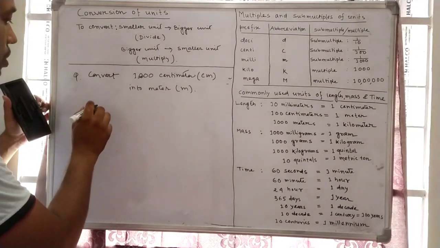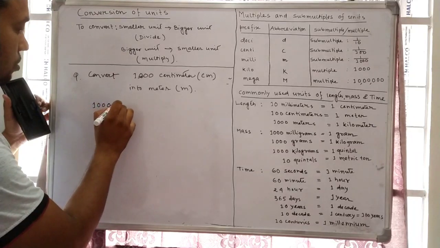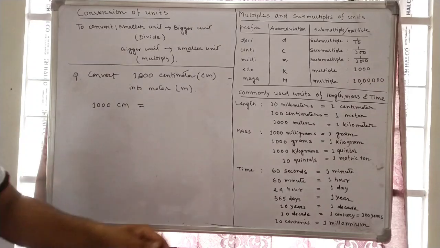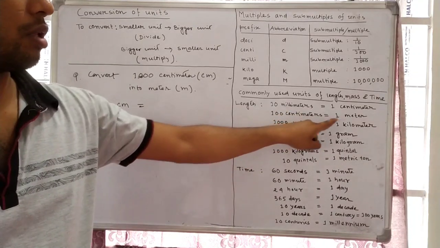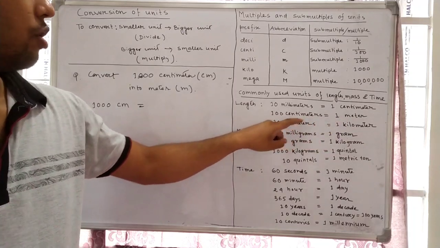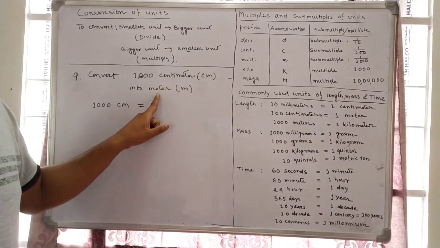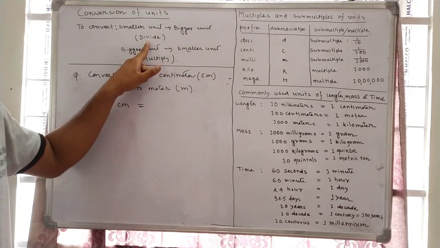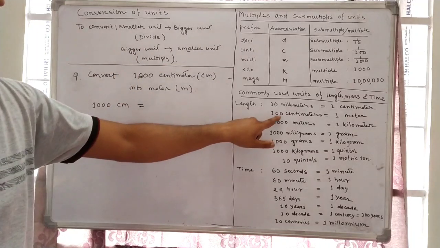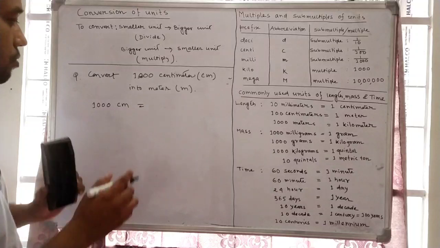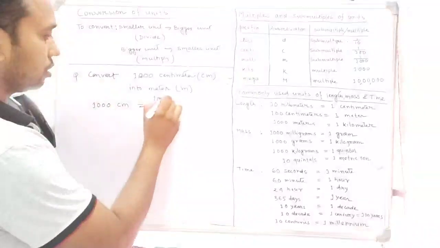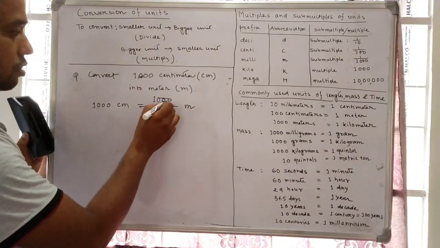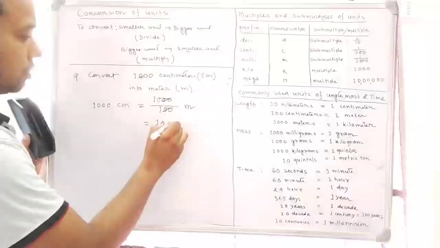So 1000 cm. Now see the relation between centimeter and meter. This one: 100 centimeter equals 1 meter. Okay. So centimeter is a smaller unit and meter is a bigger unit. And to convert a value from smaller to bigger unit, we have to divide. So with what will it be divided? 100, because 100 centimeter equals 1 meter. So 1000 divided by 100, then it will convert into meter. Okay. So these 2 zeros cancel, the answer will be 10 meter.